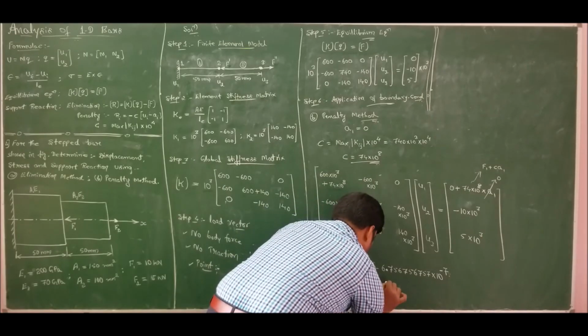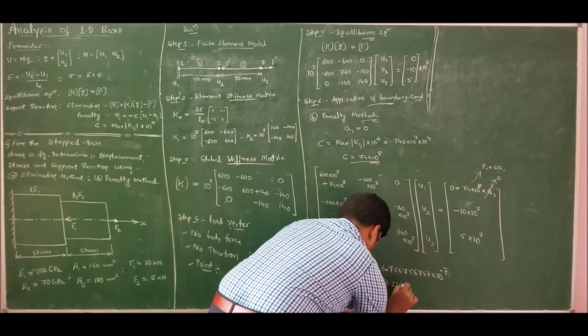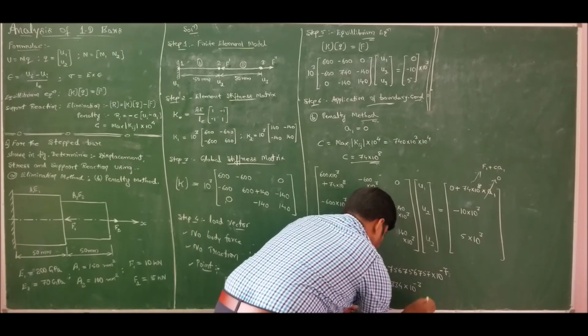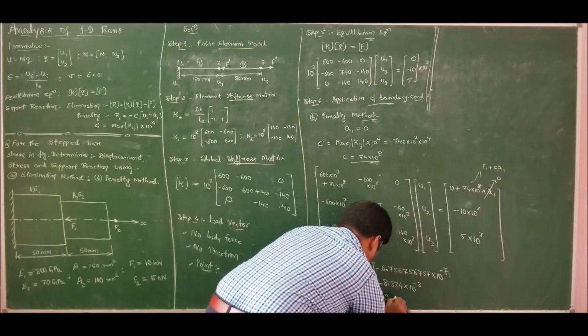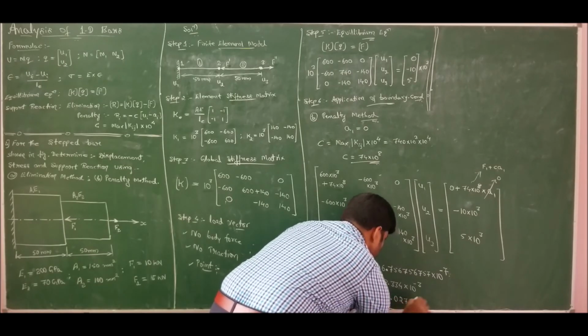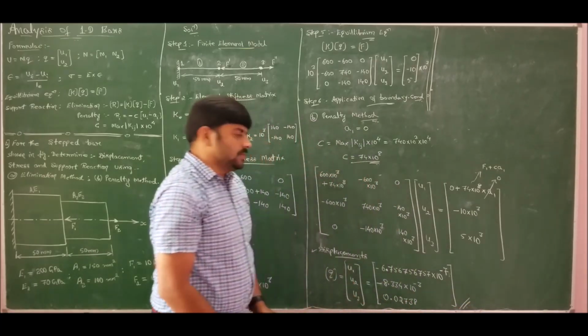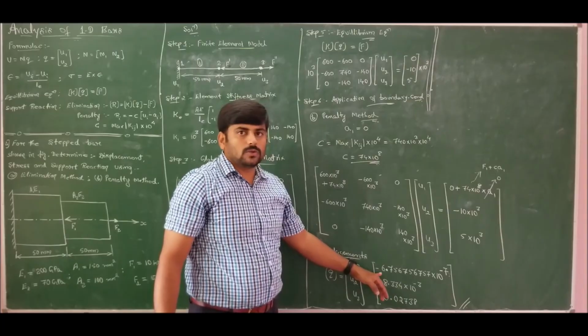U2 will be minus 8.334 times 10 to the power of minus 3, and U3 will be 0.02738. So you can see that we have got the same answers for U2 and U3, and we have also calculated the negligible deformation happening at node number 1.